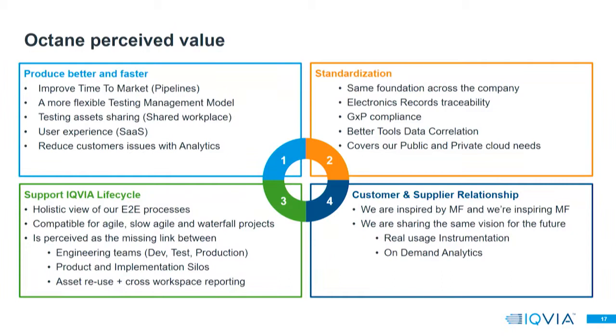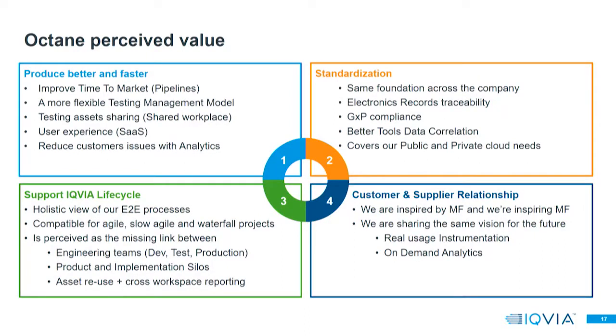So that's why we have this proof of concept, and we expect to be able to demonstrate more than to explain, etc. So the value we perceive with Octane and what we want to achieve, we will see after the POC. I think it will answer our question to produce faster and better.